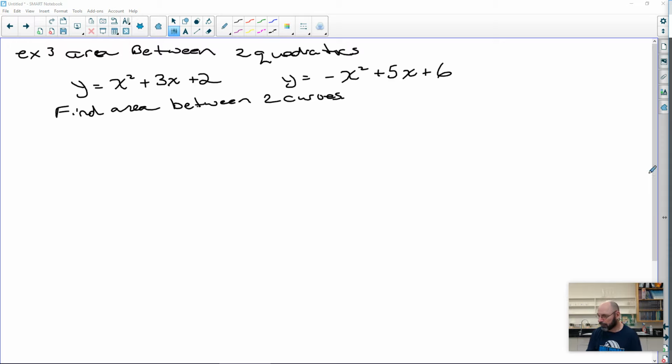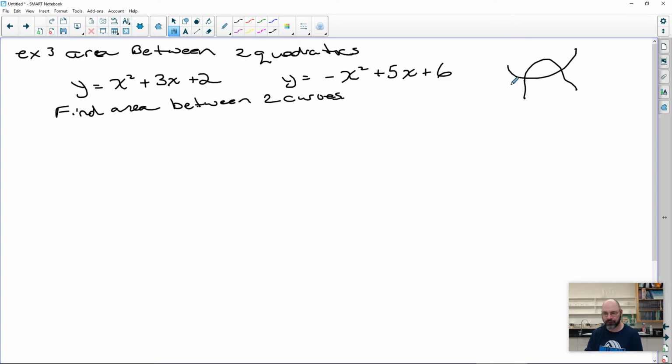We'll see. Okay, so what we know is that this one is a quadratic that opens like this, and this one is a quadratic that opens upward. So it's more than likely going to be like this, unless this one is way above it.